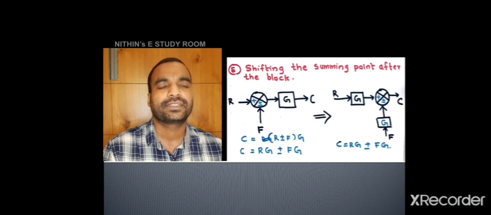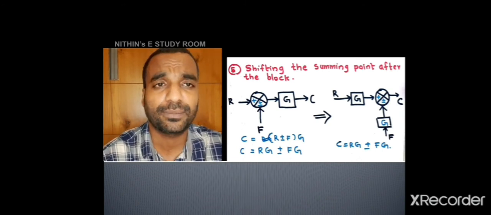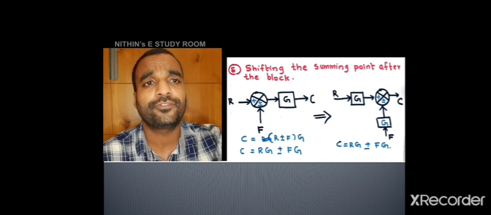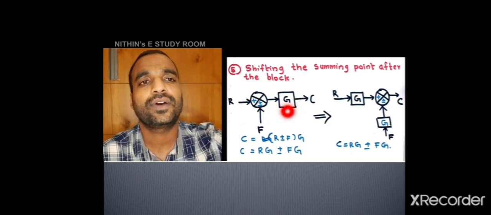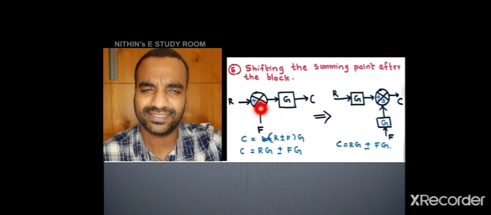Next, the opposite case, shifting the summing point after the block. If you can see that there is R and F, both are given to a summer, and after the summing block you are placing G. So what is the output C? C is nothing but R plus F. I am assuming plus or minus is there, I am just assuming plus now.